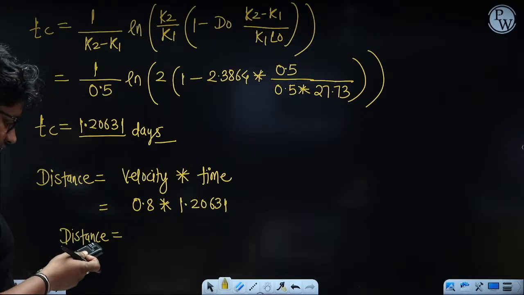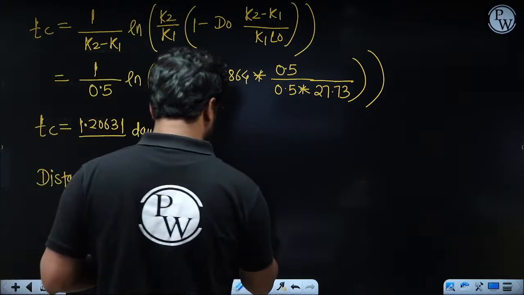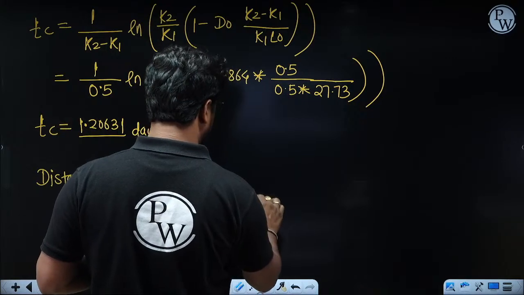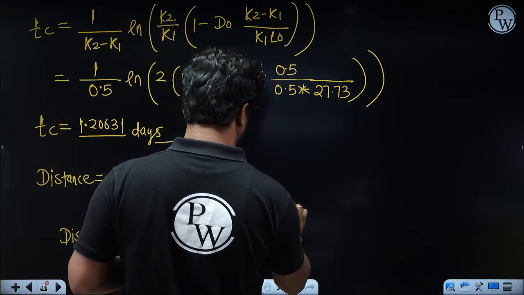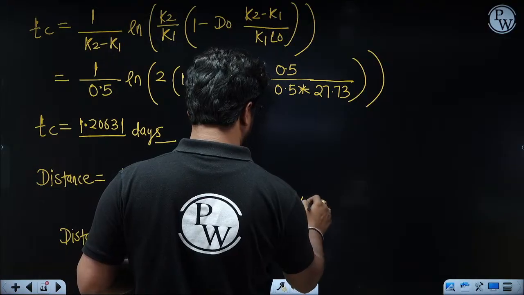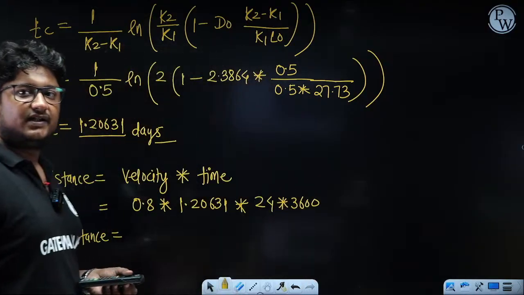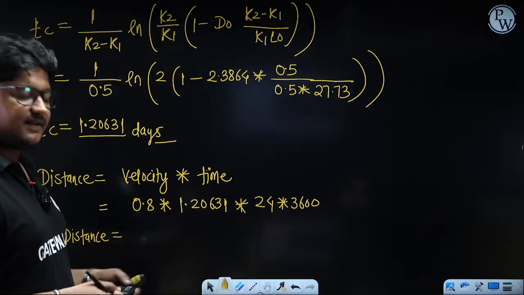This value is in days, right? So you have to convert it into seconds by multiplying by 24 into 3600, because the velocity is in meter per second.